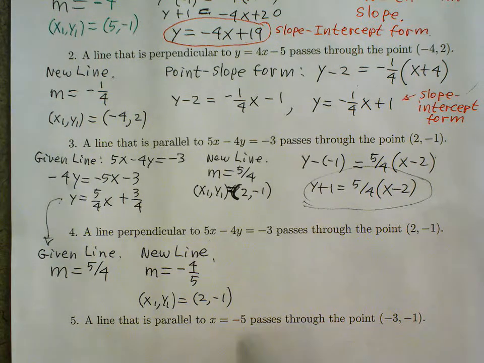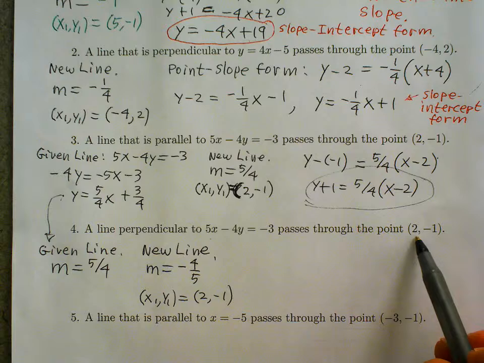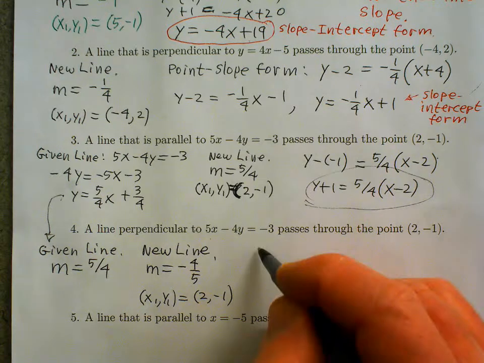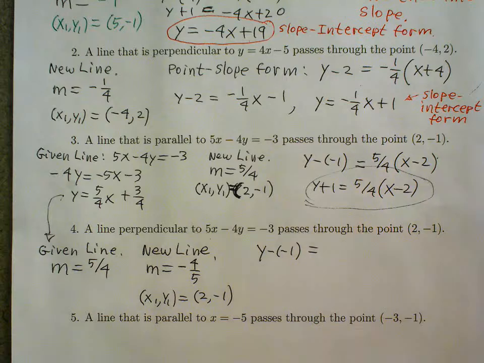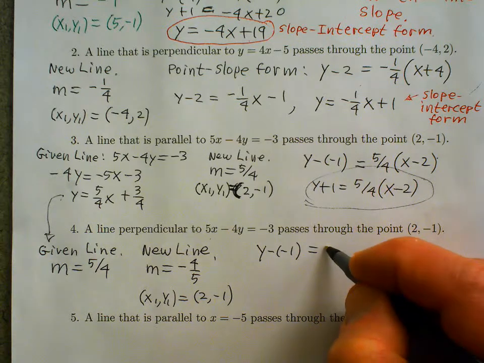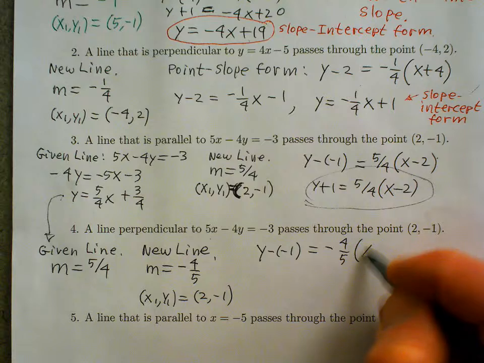And then we'll just use the point slope form. So y minus y1 is y minus -1 equals the slope -4/5 times the quantity x minus 2.